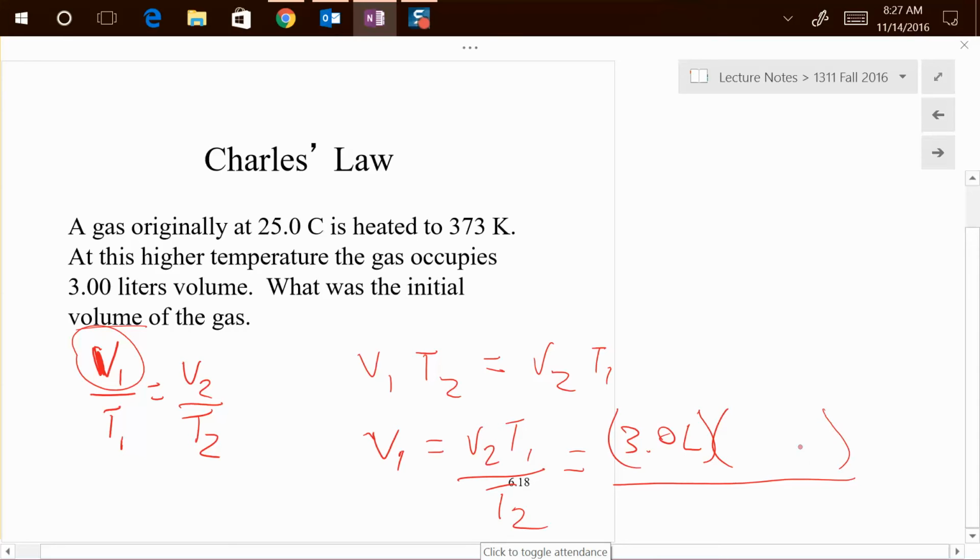That's T2. 298 Kelvin. 373 Kelvin is T2. So this is my original temperature, and it went to 373. So T1 on top, T2 on the bottom. And I get 3 times 298 divided by 373. And that's going to be my initial volume. That's what the initial volume was.